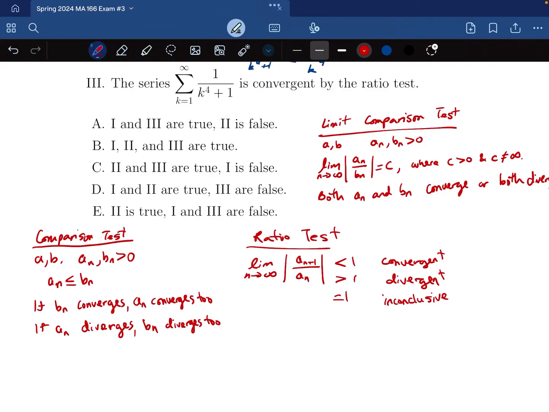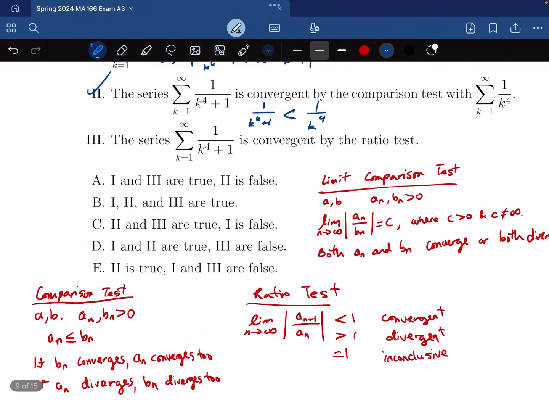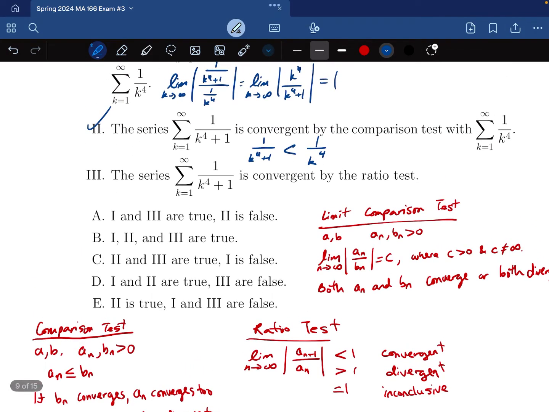Okay, so in this case, I would take the limit as k approaches infinity of 1 over (k+1)^4 plus 1 over 1 over k^4 plus 1. And that all simplifies to the limit as k approaches infinity of k^4 plus 1 over, if I expand all of this out, it's going to be k^4 plus a bunch of other stuff.